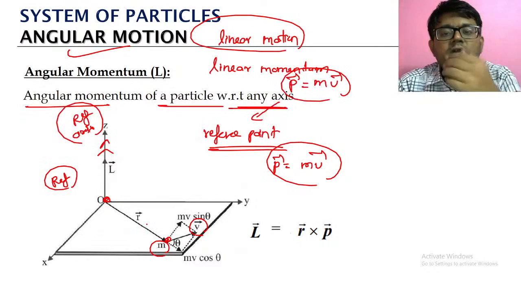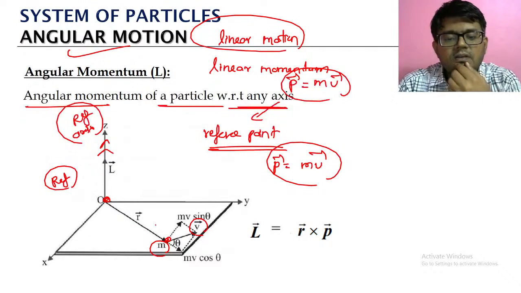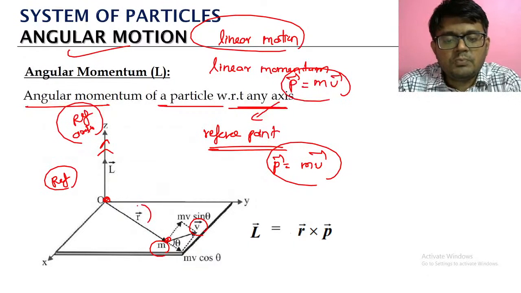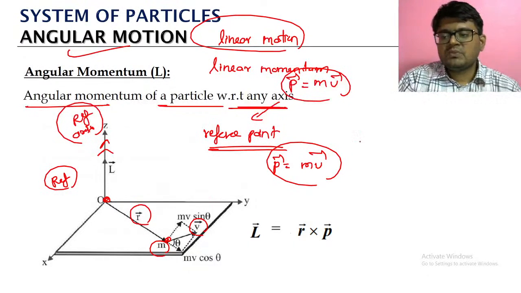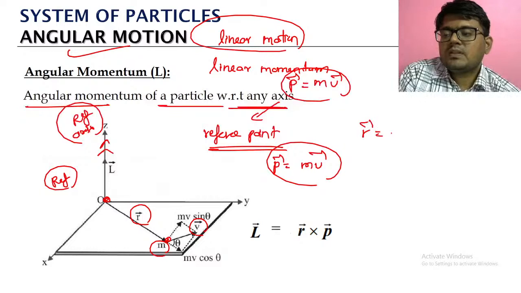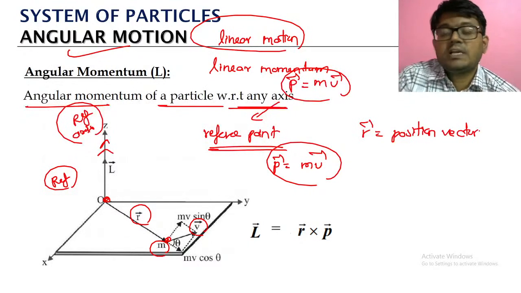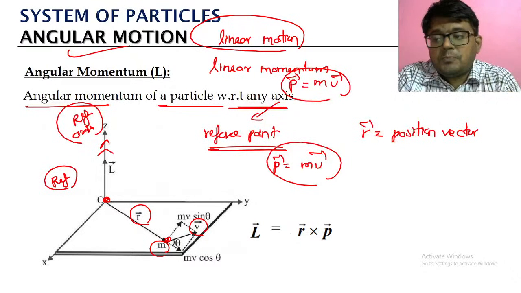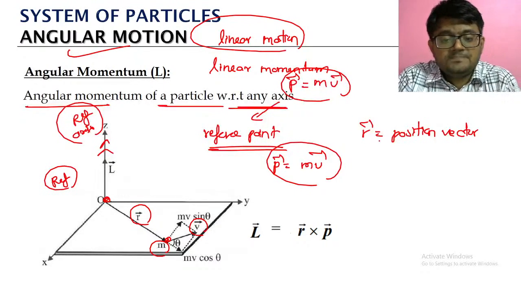The position vector of that particular location is r bar. What is r bar? Position vector. Position vector is what? From the reference point we have to draw a line to the location of the point. That's the position vector. Okay.